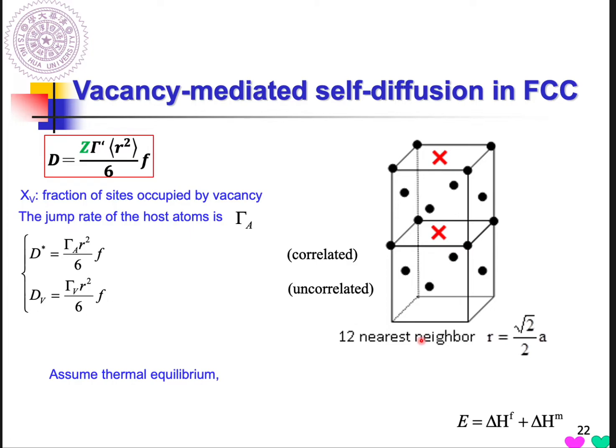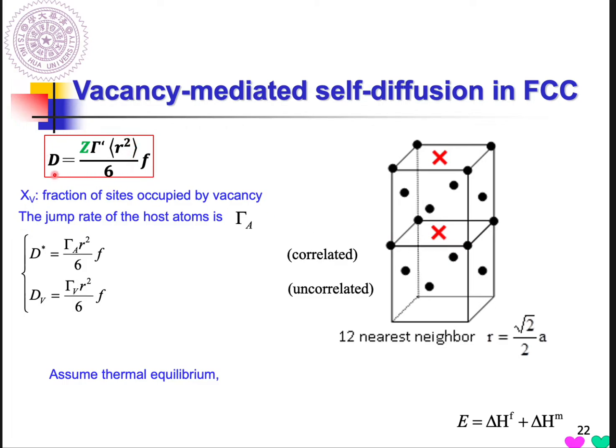So we give you an example: a vacancy-mediated self-diffusion in FCC. This is the FCC structure, and you can see the vacancy at the center face.